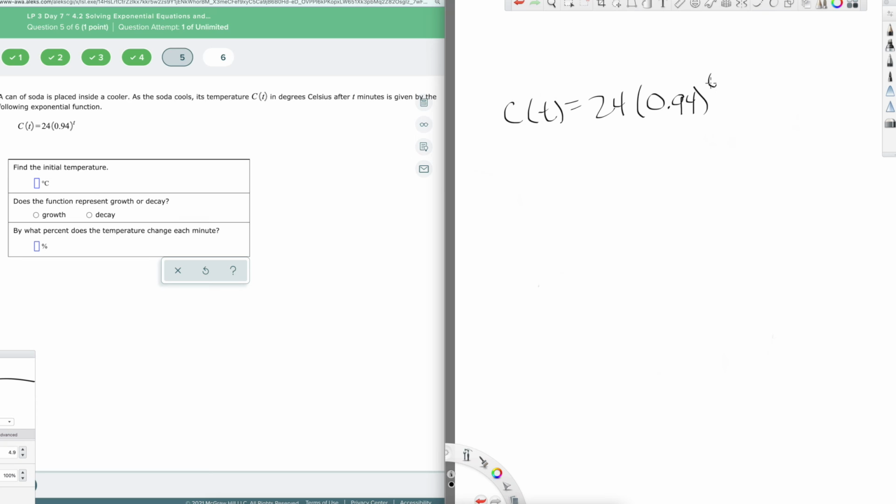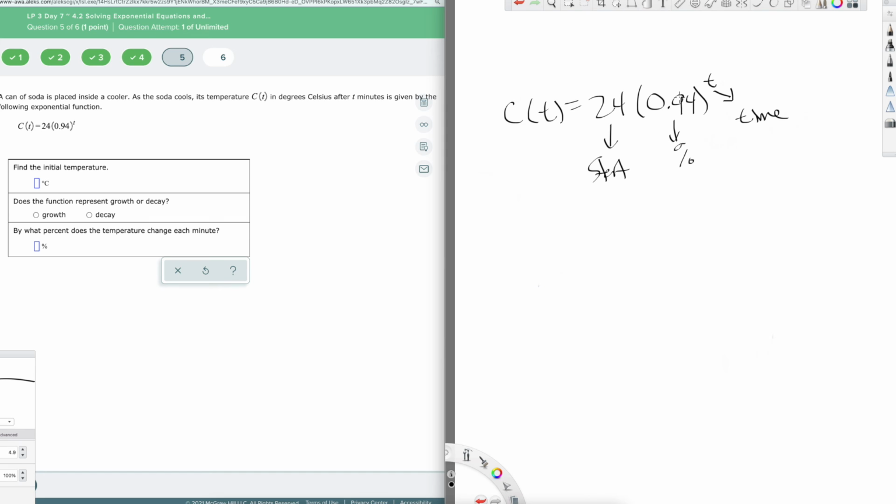So if we think back on what we've been doing for the last few problems and even the last few sections, we have a starting point, we have a percentage, and we have time. And usually that's time in years, but this is going to be time in minutes for this situation. So if this percentage is less than 100, that means it's a decay, right?